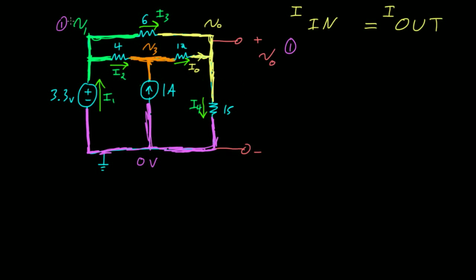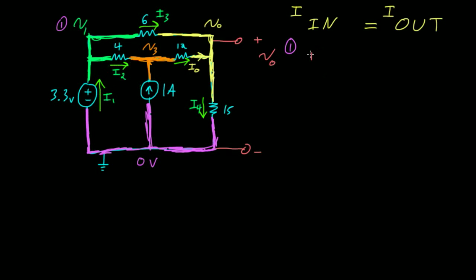So now, for this first node, V1, let's write our current in equals current out equation. The first thing is what goes into this node. It looks like I3 and I2 flow out, and the only thing that goes in is this current I1.